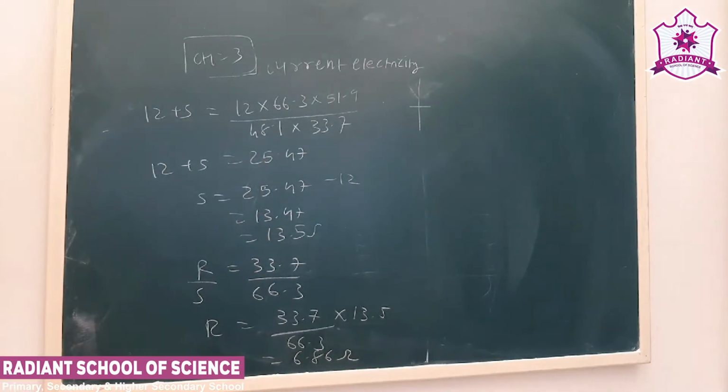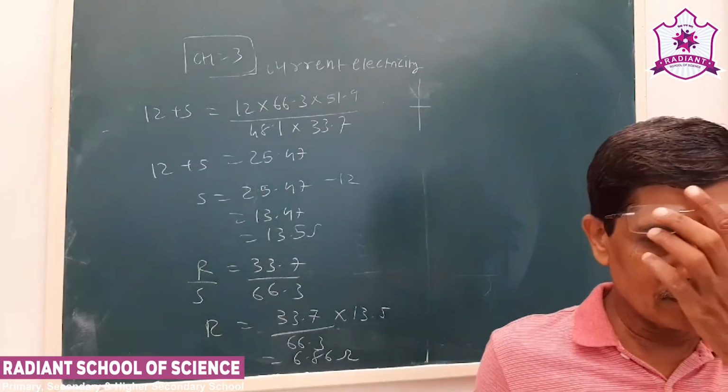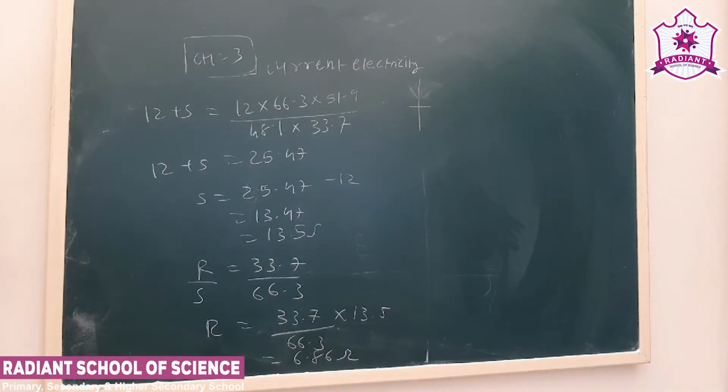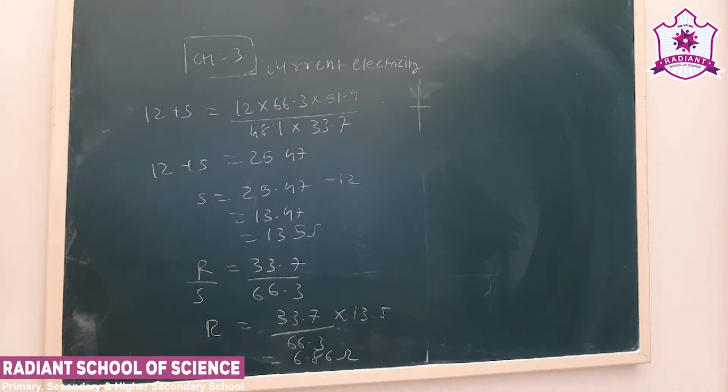So this is the case of question B. Earlier it was R upon S equal to some value, L1 upon L2, but the question says a 12 ohm resistor is connected in parallel, so the null point changes. By comparing the equations, we have obtained the values of R and S. This is nothing but example 3.9.